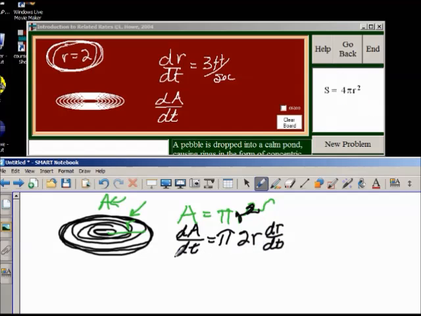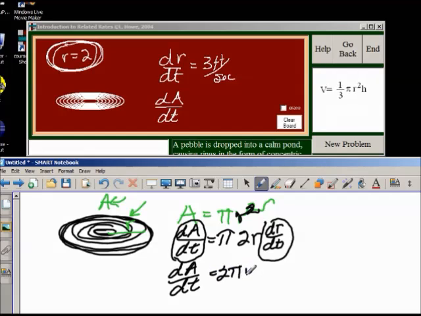So now we have two rates in our equation after taking the derivative implicitly with respect to time. Now we want to solve for dA/dt, and luckily it's already solved for that. You plug in the known rate, which was 3 feet per second, so the area is changing at a rate of 2 pi r times 3, or 6 pi r.